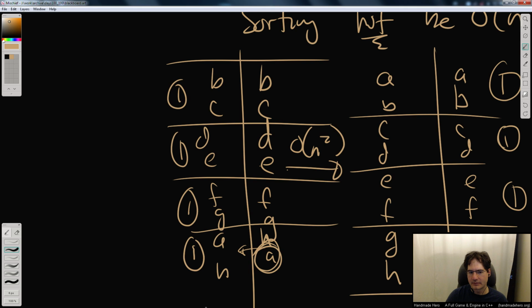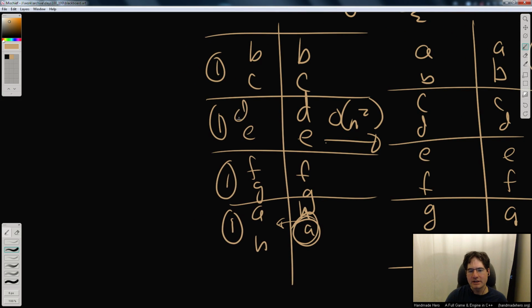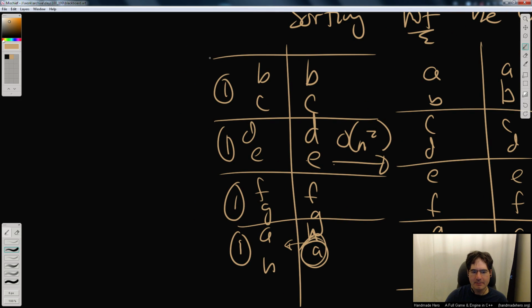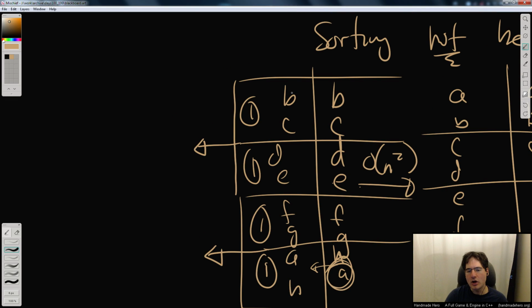Make sense? Now, if I wanted to, I could then combine any two pairs. I can funnel these together because I now know that the pairs are in sorted order.